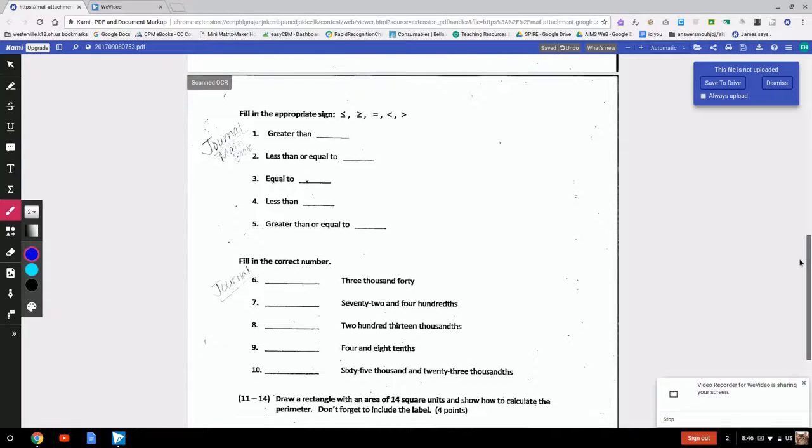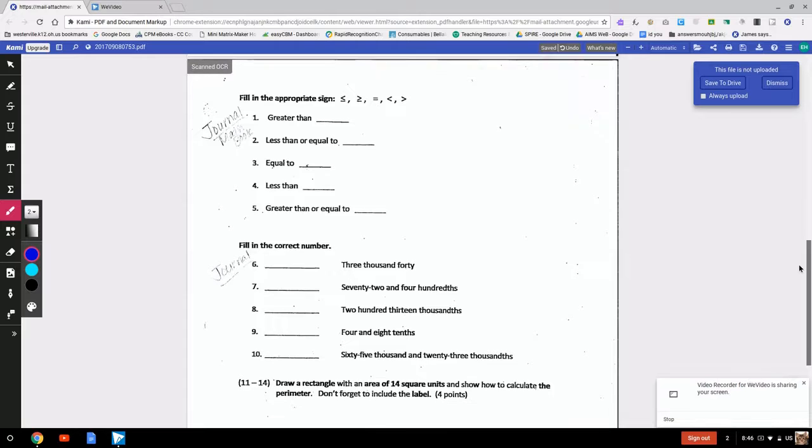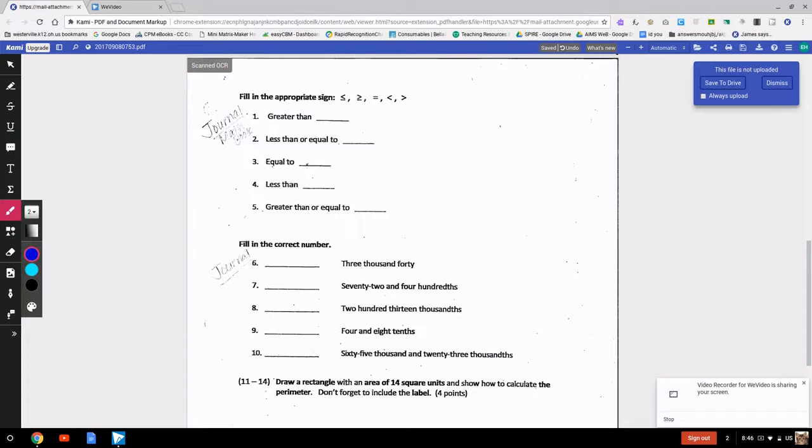All right, the second page here on the back is kind of things where you got to use your notes. In your journal, you have notes for the signs. Just look in the front of your journal, those math notes that we stapled in there for you. And if not, if you have your math book, these are on page 33.